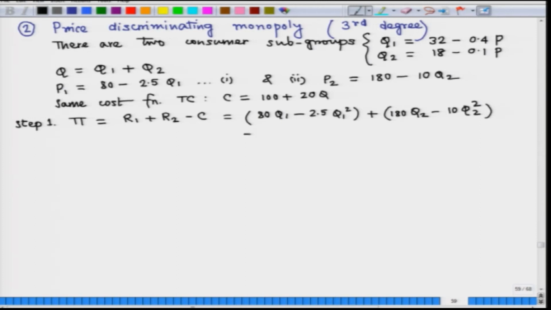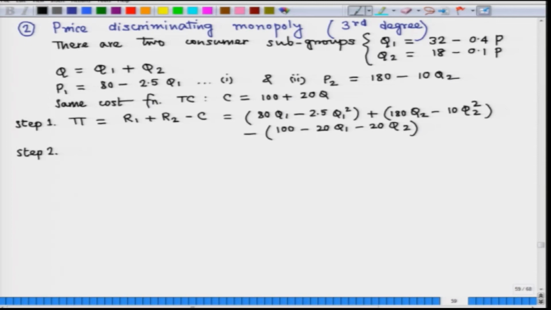And then finally, I have to subtract the cost, right.